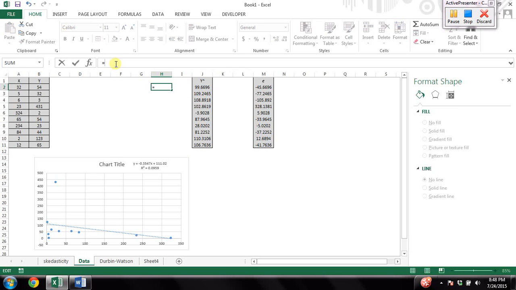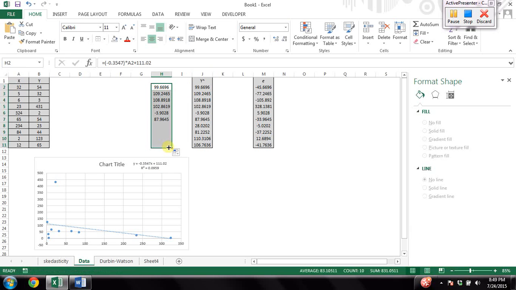I'm just going to type in that equal sign, the coefficient that you should see in this chart right over here, times an X value, and then plus the intercept, which is this number here. Press enter. You can see these match, and then I can simply just fill, and now it's actually using it for each X value that corresponds to where this is. So this is just a convenient way to put these in.